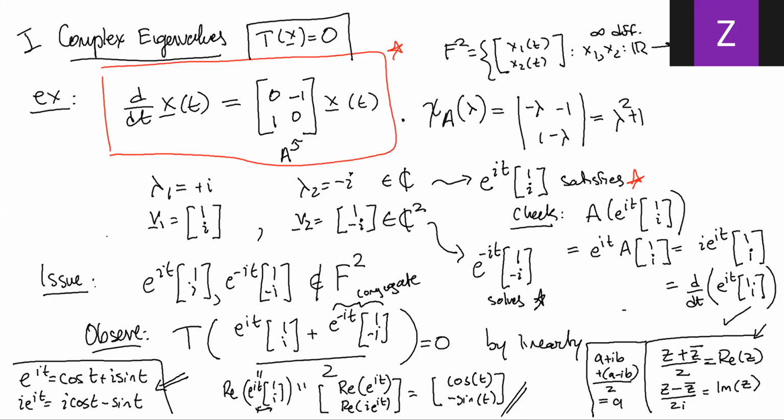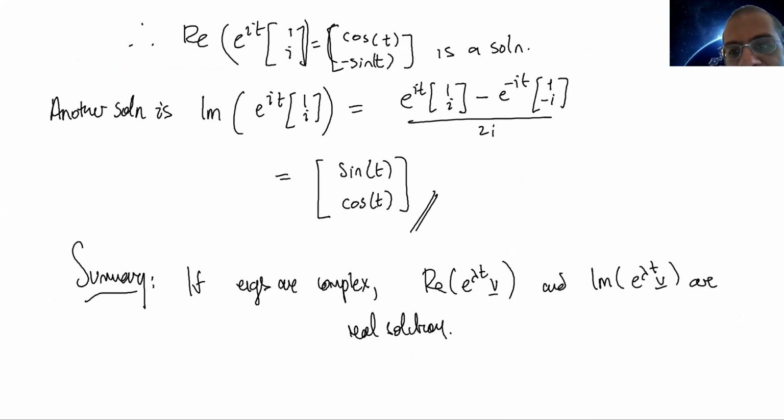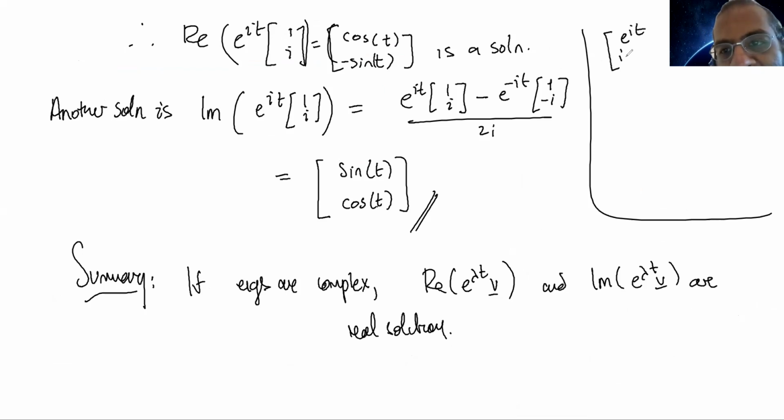Let's just do the calculation since maybe some people are confused. So you have e to the it and I e to the it, and I'm adding it to e to the minus it minus I e to the minus it, and dividing by 2.